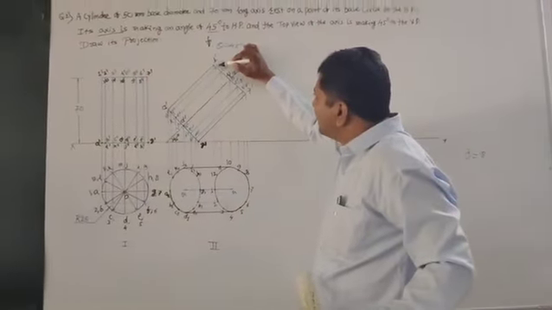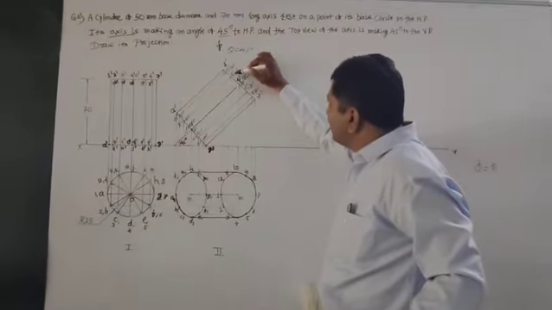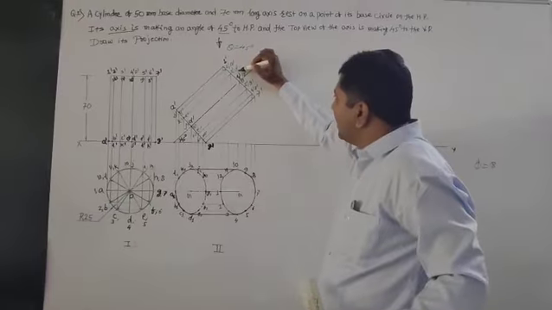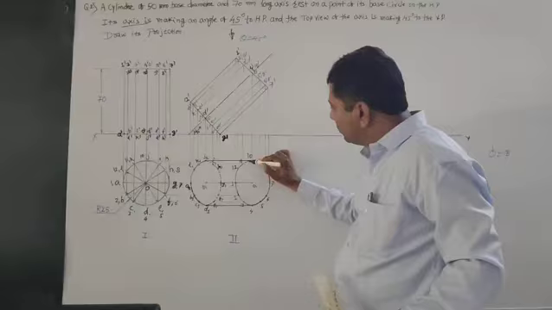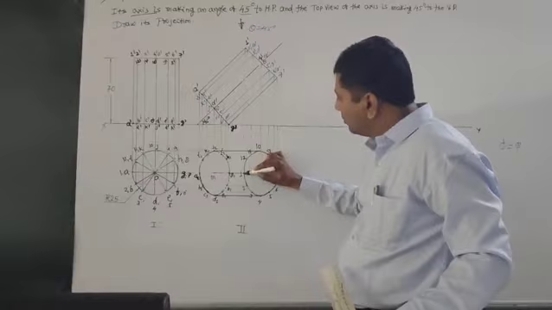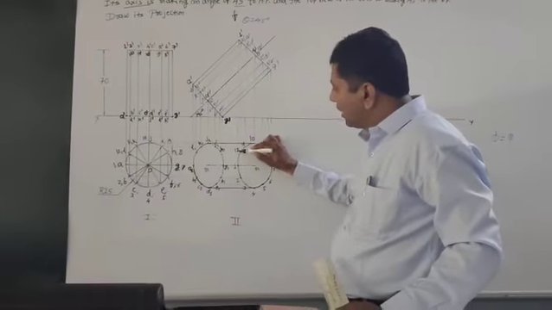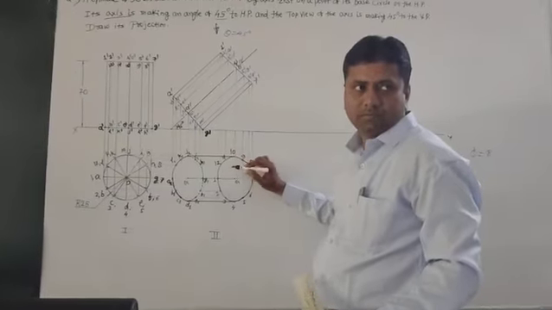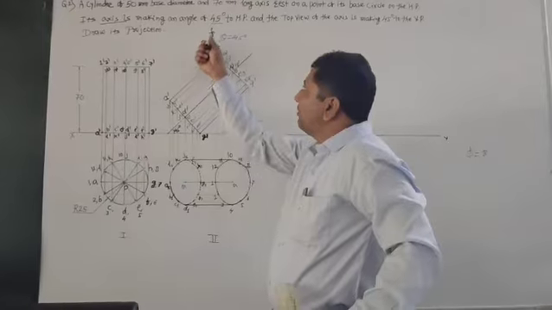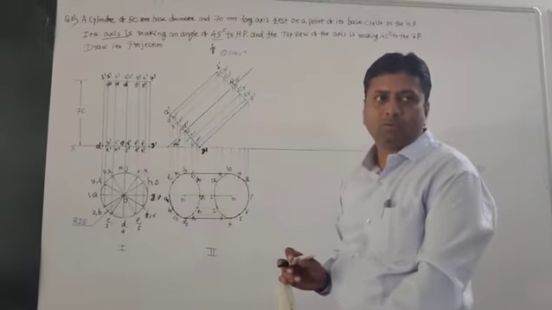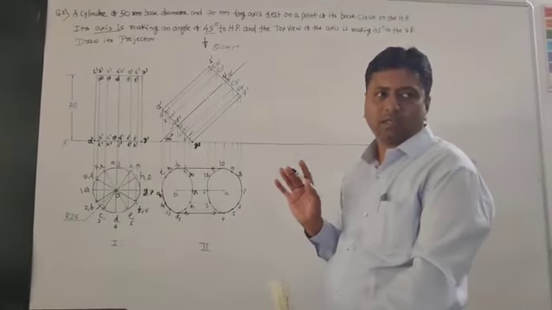So here 1 dash, 2 dash, 12 dash, similarly 3 dash, 11 dash and 4 dash, these are very near to the observer. These points you have to show by continuous curve, not dotted. And the points which are far away from the observer, they have to be shown by dotted curve or dotted line.